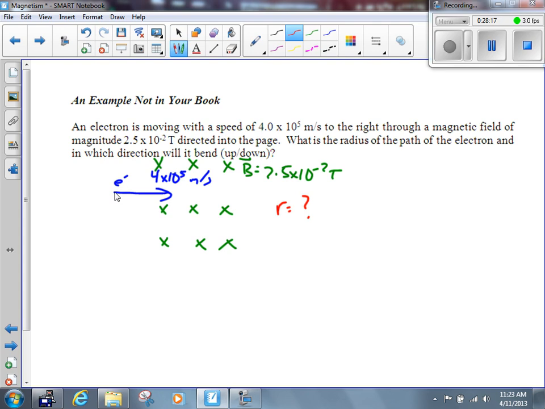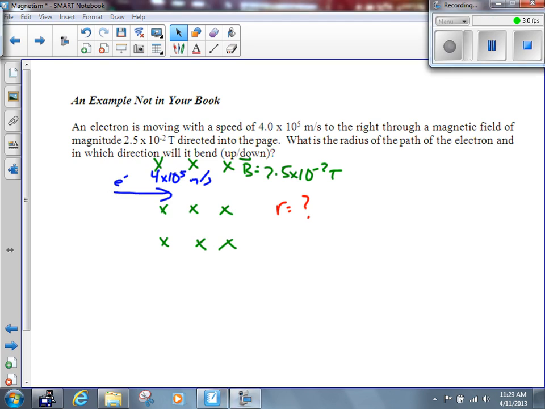We know we have F is equal to QVB. We're allowed to use that, but it doesn't have R in it. We know we have F is equal to mv squared over r now. It has R in it, but we don't know what F is. We know that we have Fc is equal to Fm. Let's try that and see what happens. If it doesn't work out for us, then we'll try one of the other things.